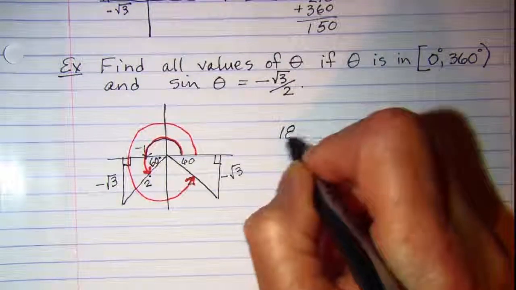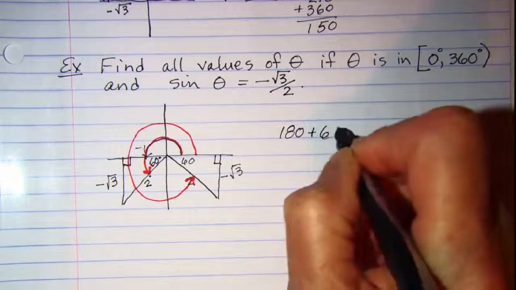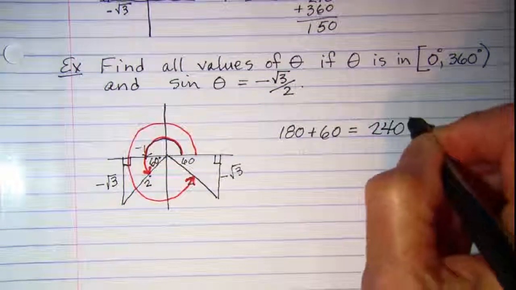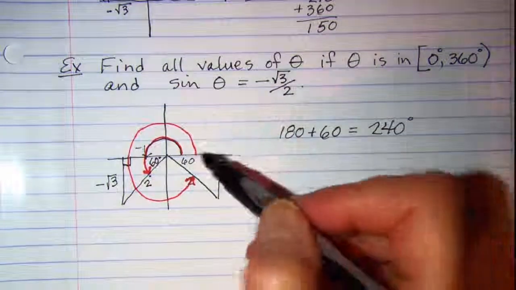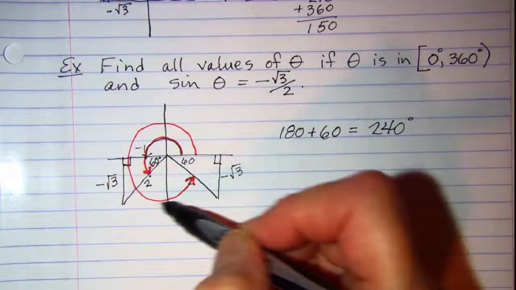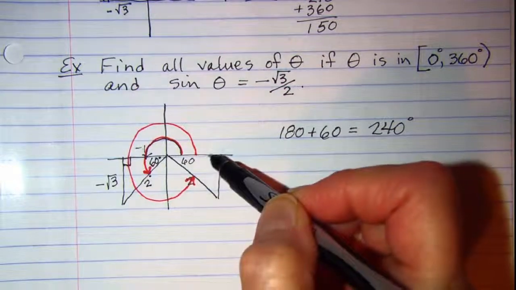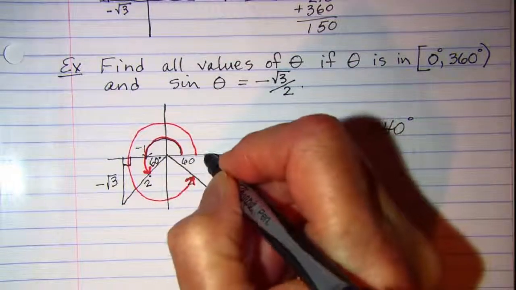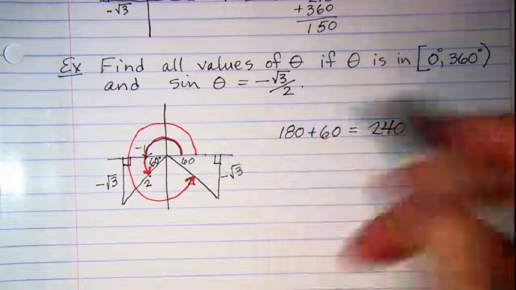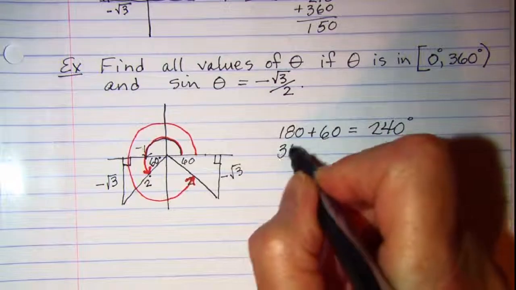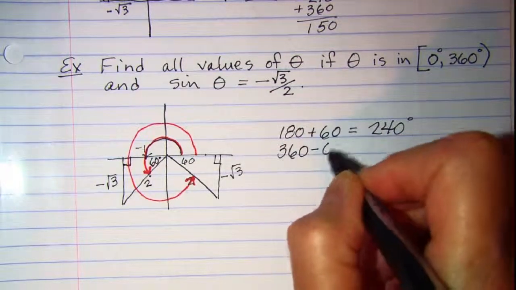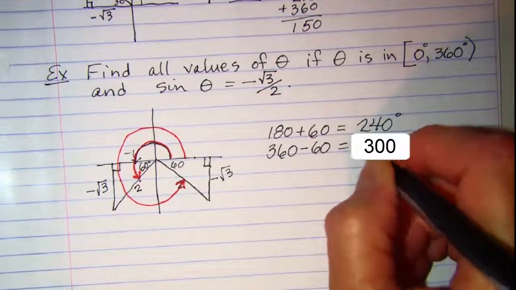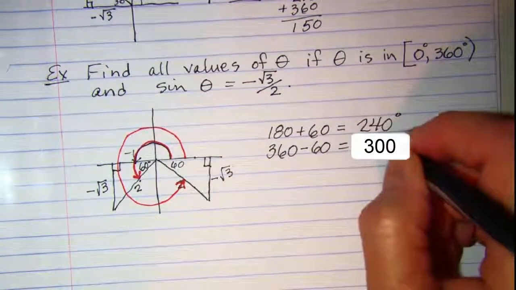So 180 plus 60 will give me 240. And then for the big one, I would do a complete 360 and then back it off 60. And that would give me 300 degrees.